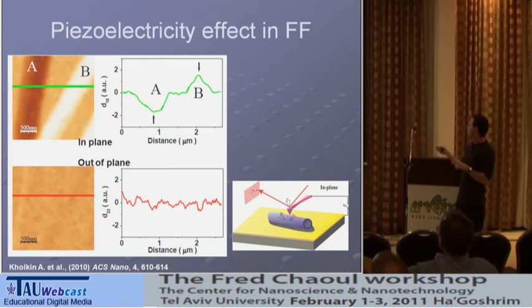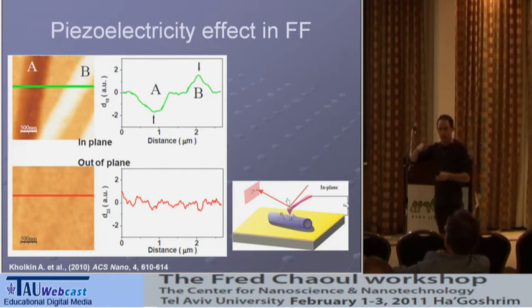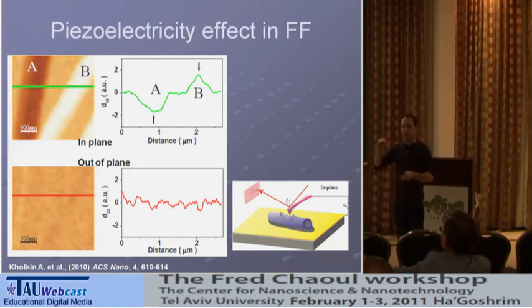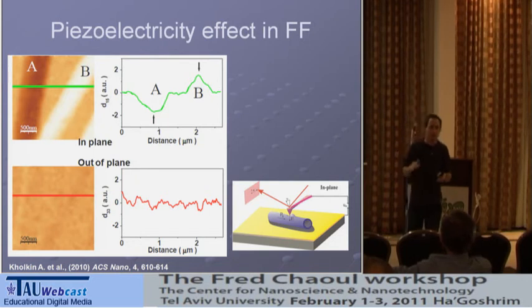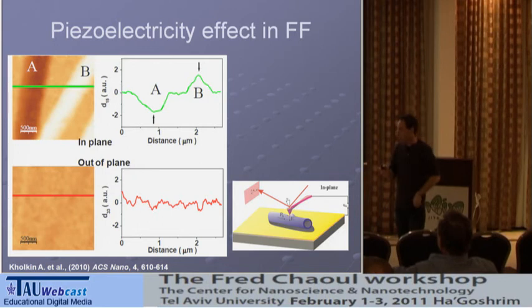So we apply an electric field here. The tube is moving like this, so the AFM tip is just twisting. And we can measure how strongly the AFM tip twists, and this tells us how strong the piezoelectricity is. And we can calculate the piezoelectric tensor.